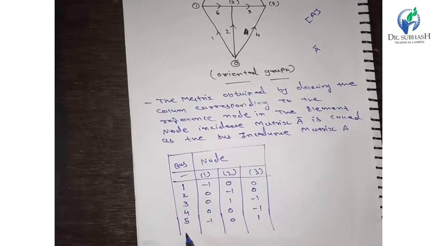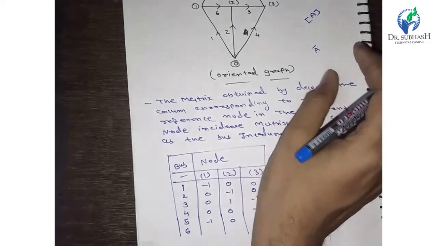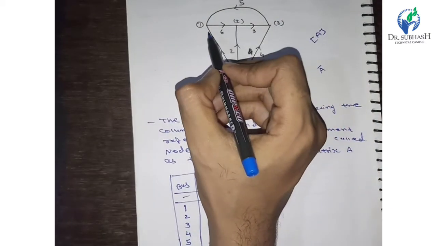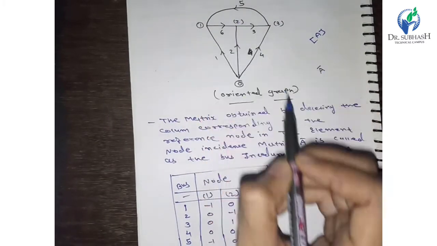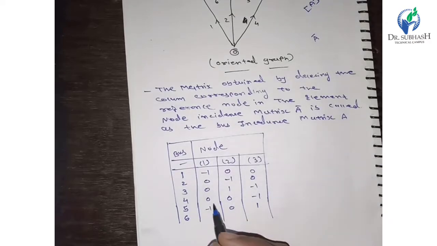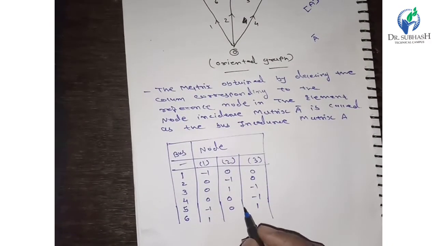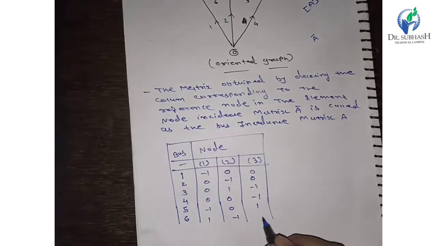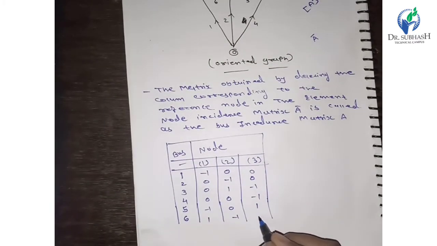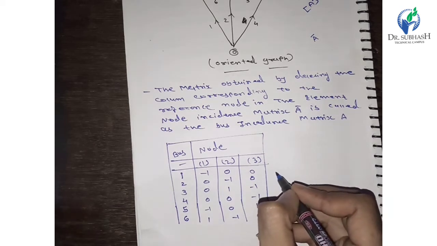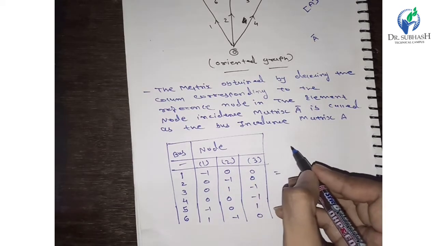In the same way, bus 6 is connected between nodes 1 and 2. So the output is node 1 is 1, node 2 is -1, and node 3 is 0. So when we take the incidence matrix, here is the output.